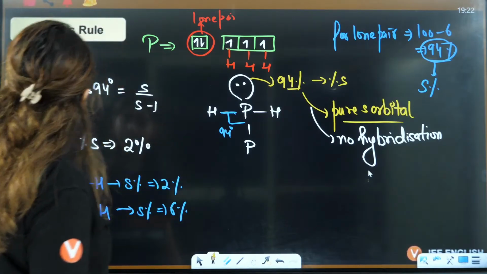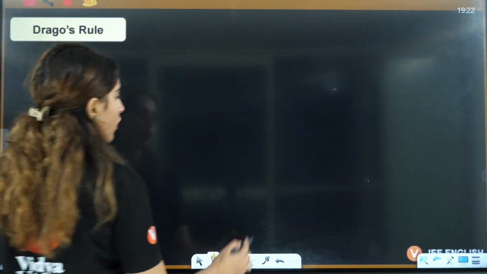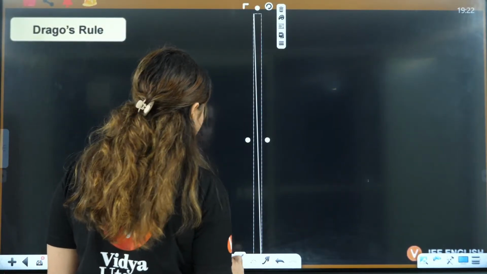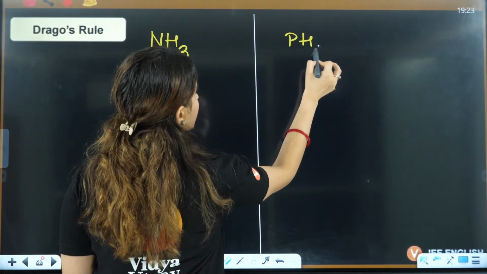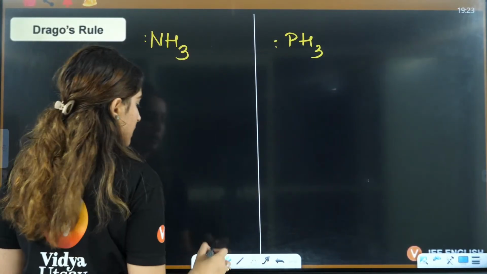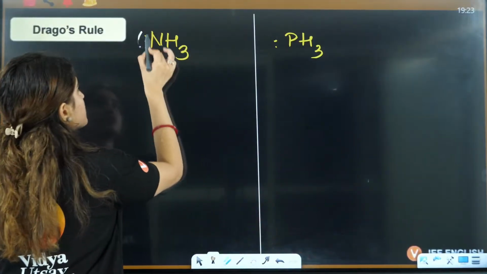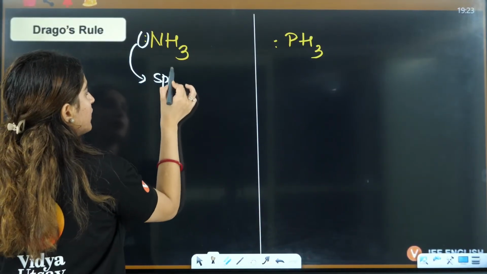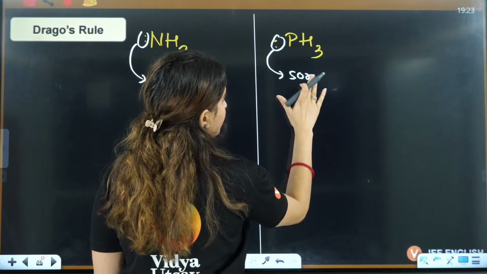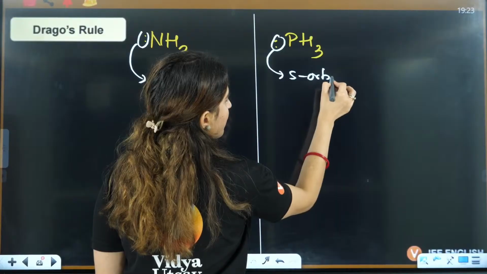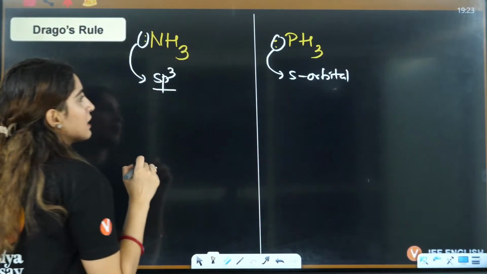Okay, understood now? Now, what is the difference between NH3 and PH3? Here is a very important question. This is sp3 hybridized. This is pure s orbital. Right?